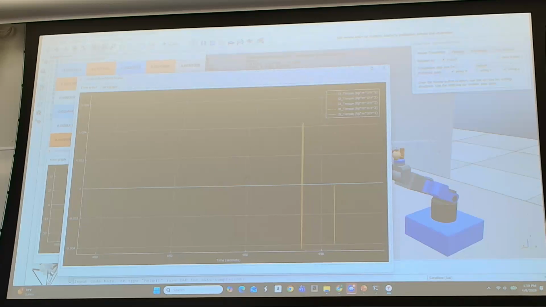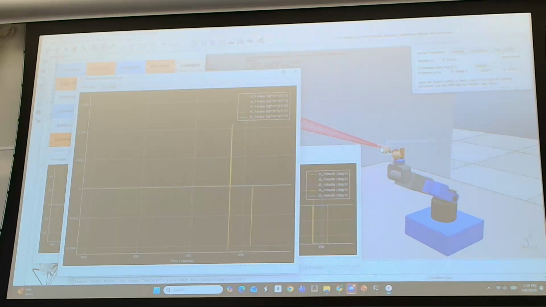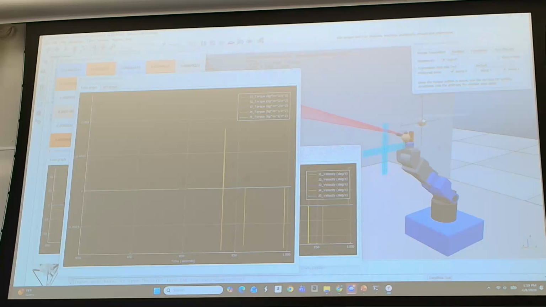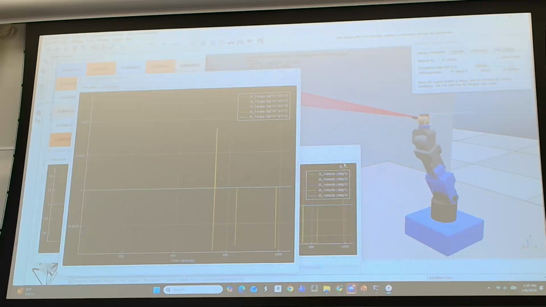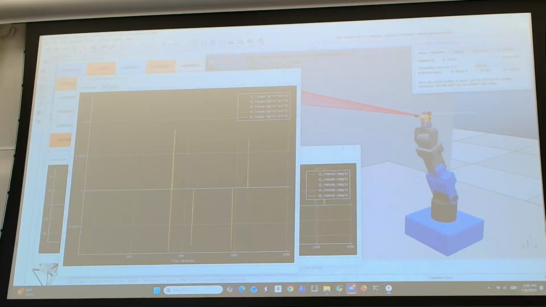Are they like impulses? There you see that red one, and then we have it go down here. So this is joint 2. That's where a lot of torque is, because it's moving all of this. And we can see it's not necessarily linear.